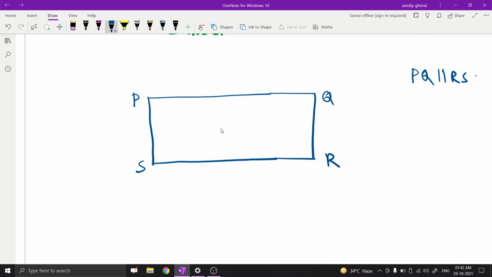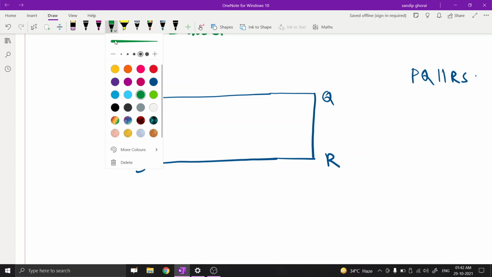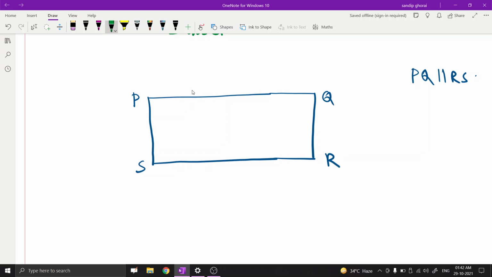A ray is angularly incident on the surface PQ, which we take as AB. This is your incident ray. If we draw a normal at point B, then AB travels from air medium into the rectangular glass slab, that means glass, and on the other side is also air medium.